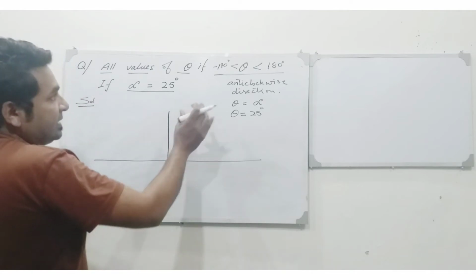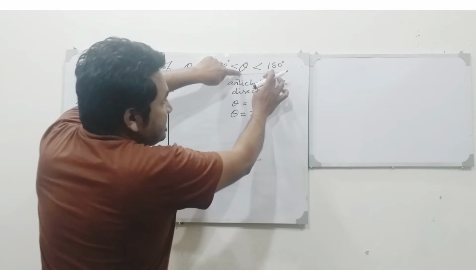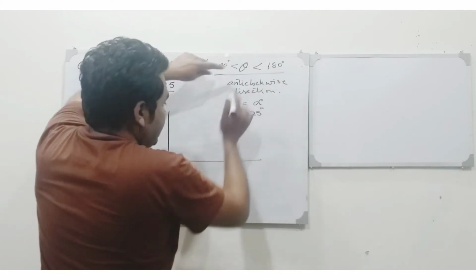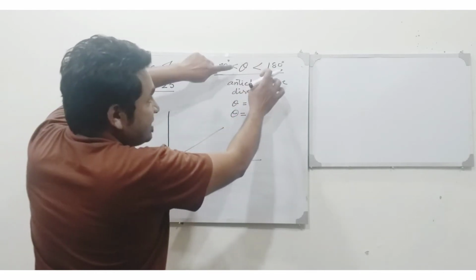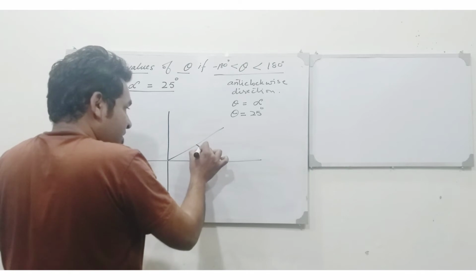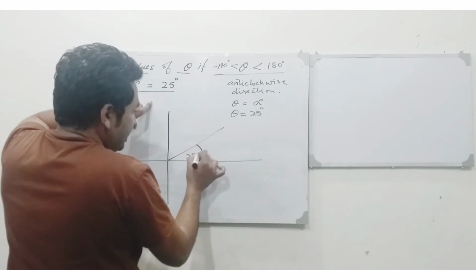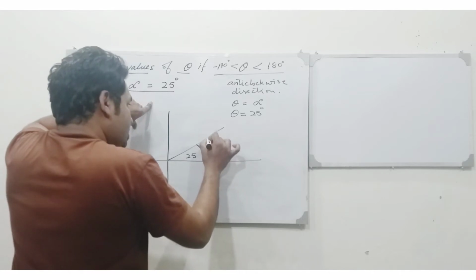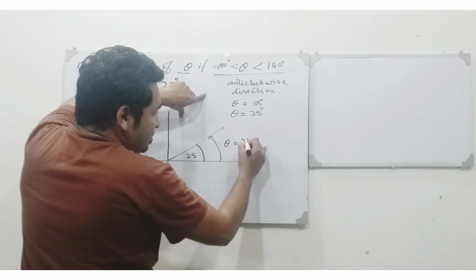If we go to the right side, this is less than 180 degrees. It means we have to move in anti-clockwise direction, because it is positive. Here the value of the basic angle is 25, and when we move in anti-clockwise direction it is positive. So theta is equal to 25 degrees.